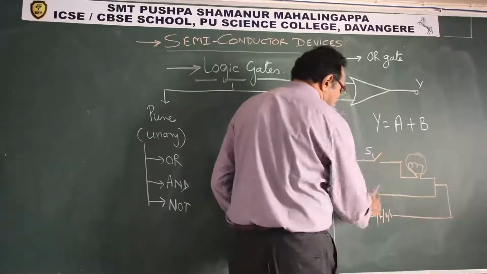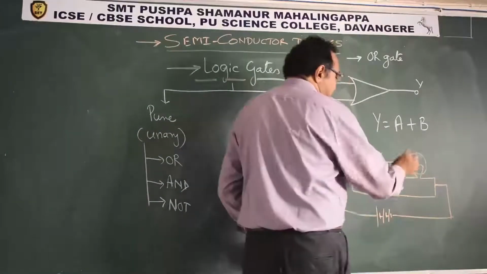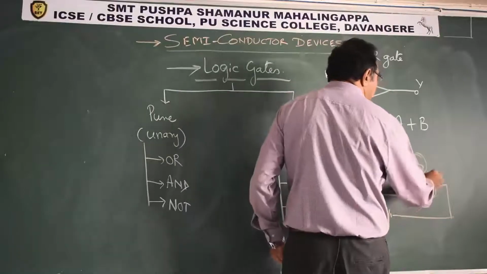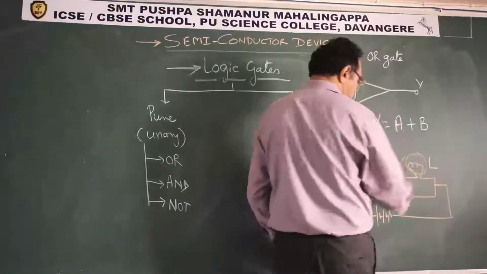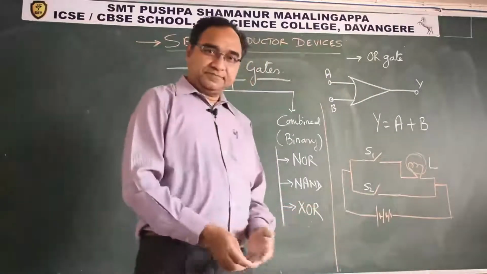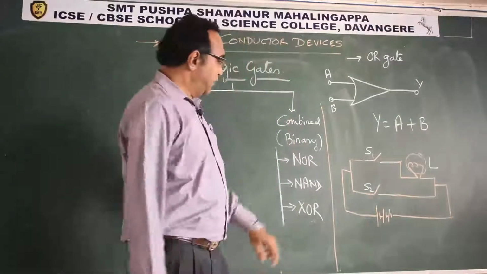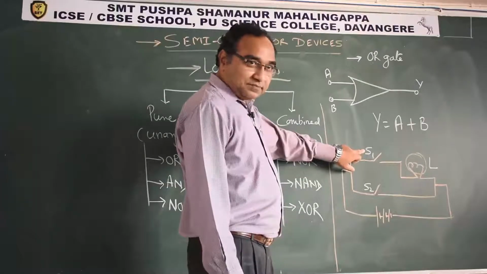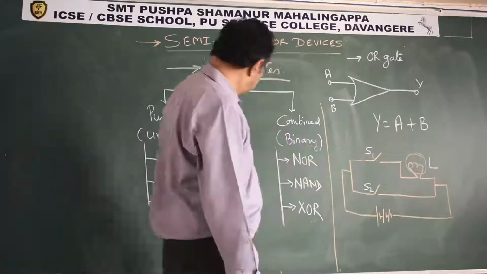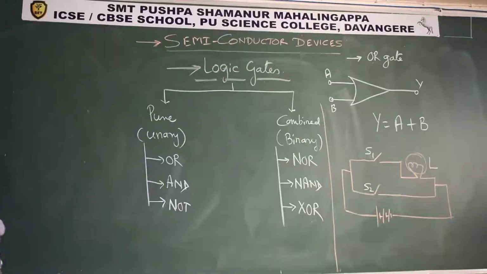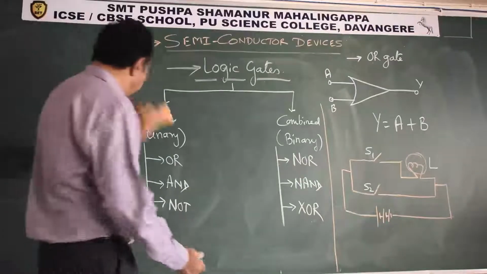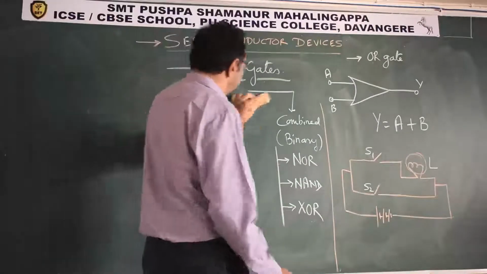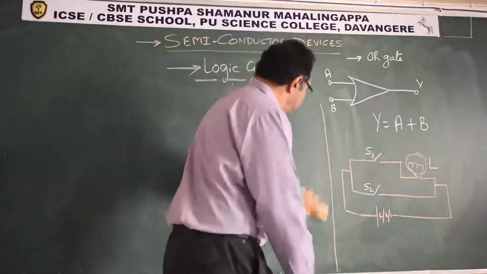Let us say this is switch S1. Let us say this is switch S2. Let us say this is lamp. Got it? Now see here, students, concentrate. I expect you have written it.